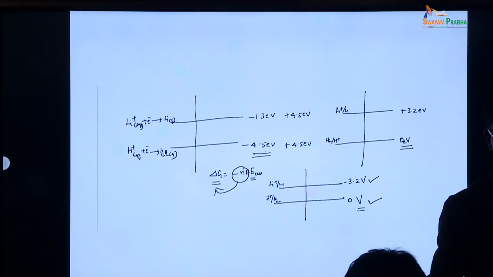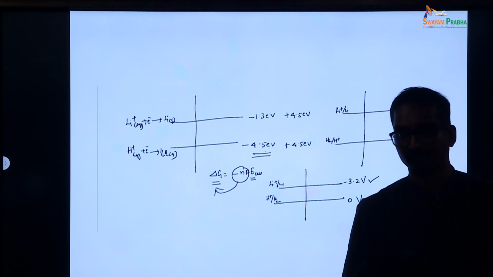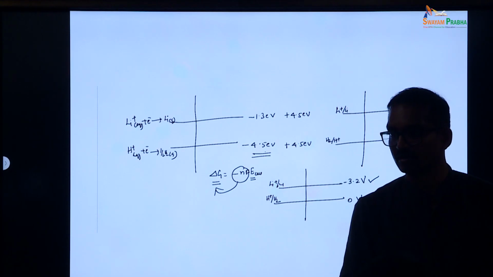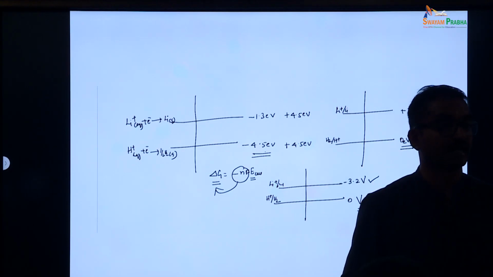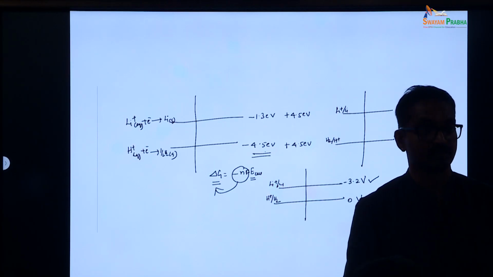The table only is that. The table tells you how good a reductant the element in the series is compared to hydrogen. Now I wanted to make the hydrogen the reference. This has got minus 4.5. So I simply add plus 4.5. I do the same thing for this guy, same value. So I am now just shifting the energy scale, not doing anything else.